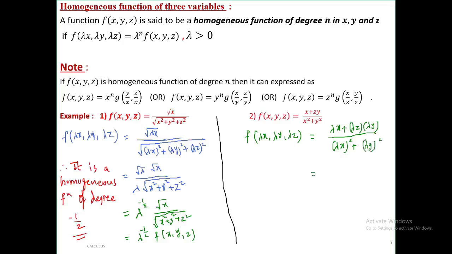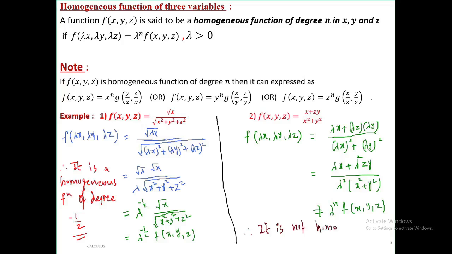Now look at the numerator: lambda x, and lambda square z y, so completely lambda is not coming out. In the denominator, lambda square comes out completely, x square plus y square, but the numerator is not coming out. Therefore it is not equal to lambda power something into the same function f of x comma y comma z. It is not possible to write it like this. Therefore the conclusion is that it is not a homogeneous function.